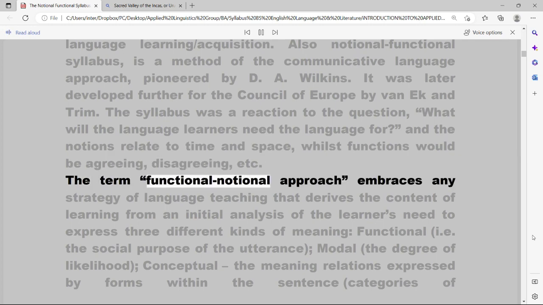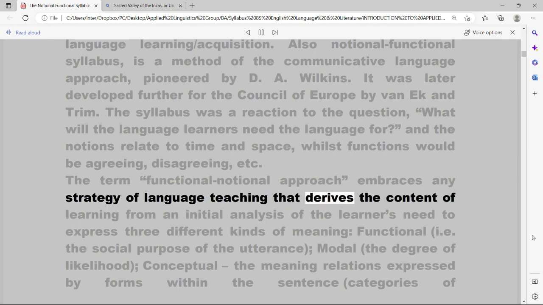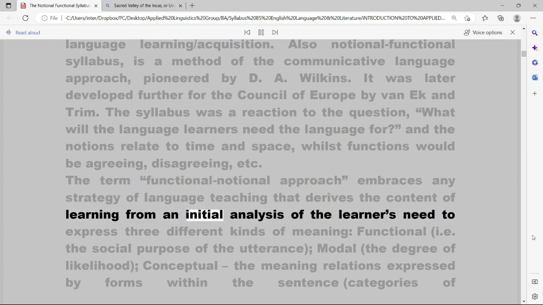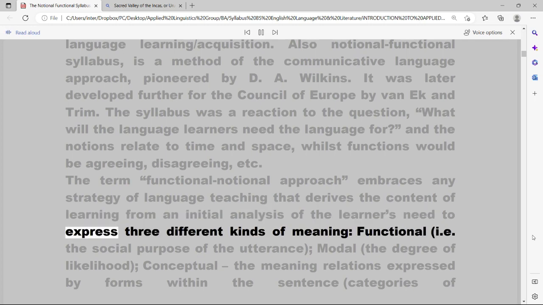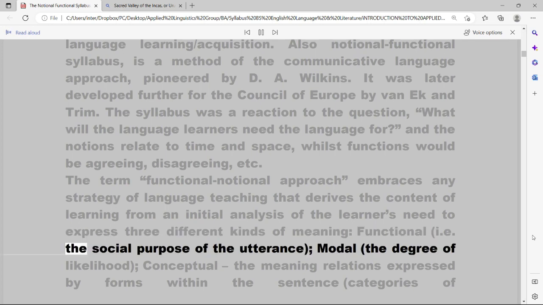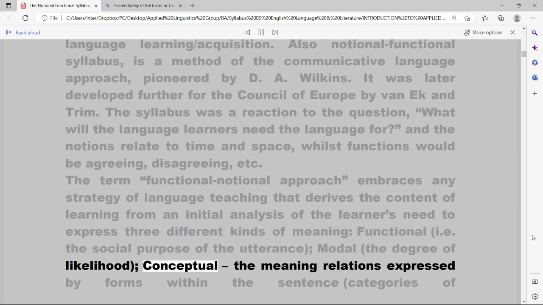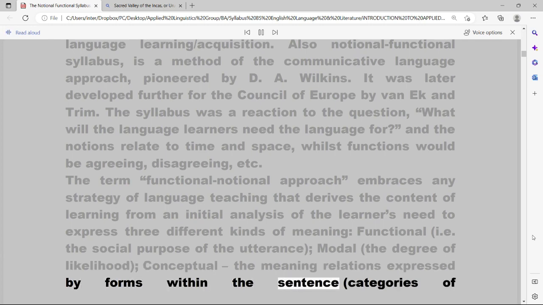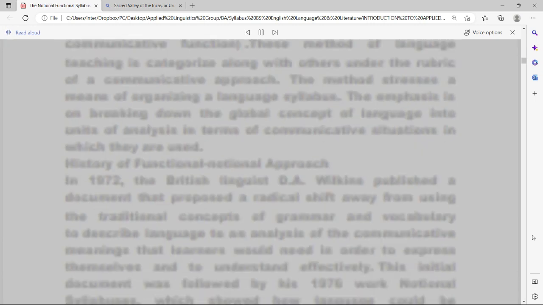The term functional notional approach embraces any strategy of language teaching that derives the content of learning from an initial analysis of the learner's need to express three different kinds of meaning: functional, i.e., the social purpose of the utterance; modal, the degree of likelihood; conceptual, the meaning relations expressed by forms within the sentence; categories of communicative function.